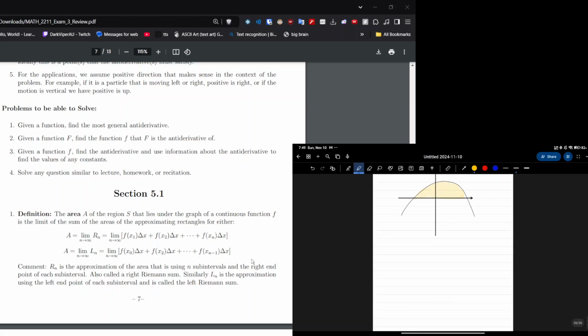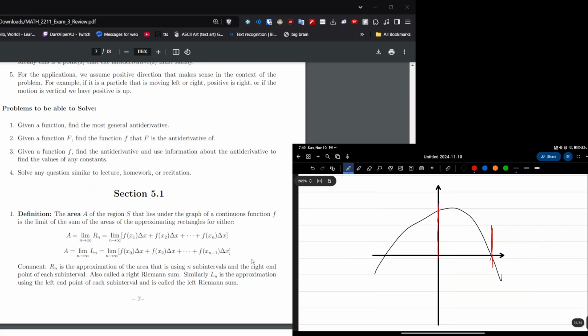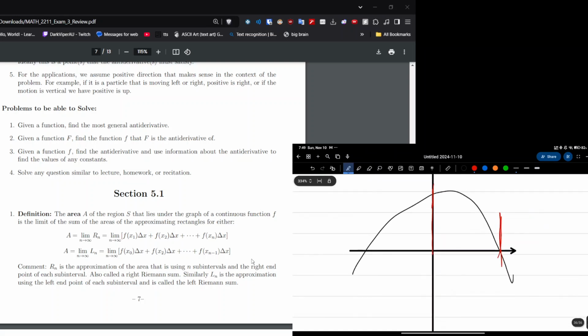Okay, let's say I have this graph over here and I have something like this. Okay, I want to find the area from here to here. And let's say I divide my line into 4 equal parts.